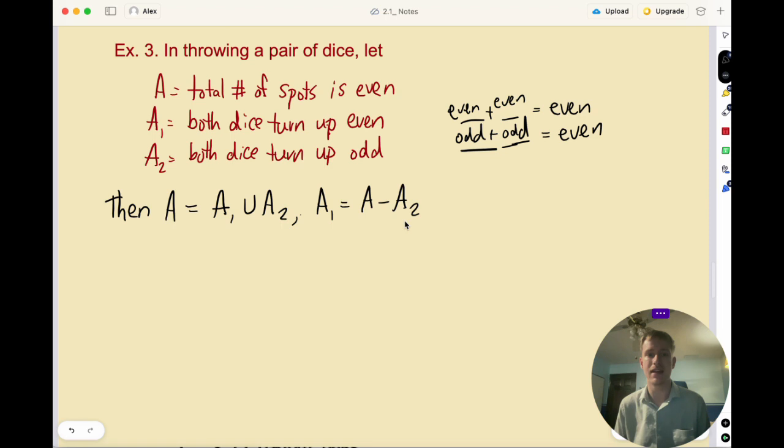So A1 is all of A, but without A2. Likewise, A2 is all of A without A1.